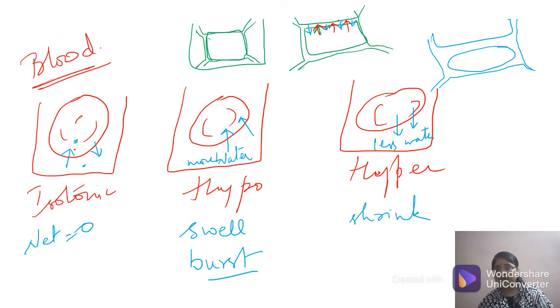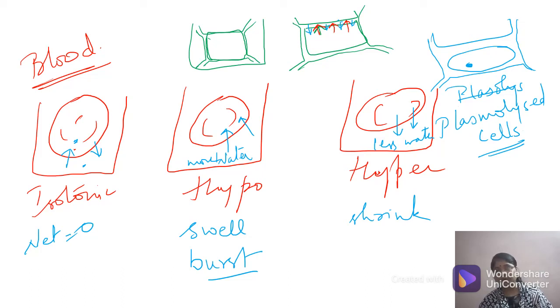And these cells are called what? They are called plasmolyzed cells, because with reference to the cell wall we are talking about it.